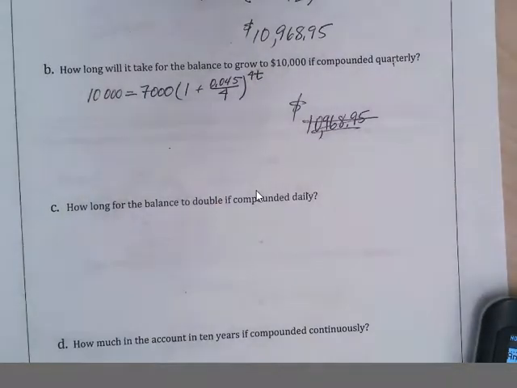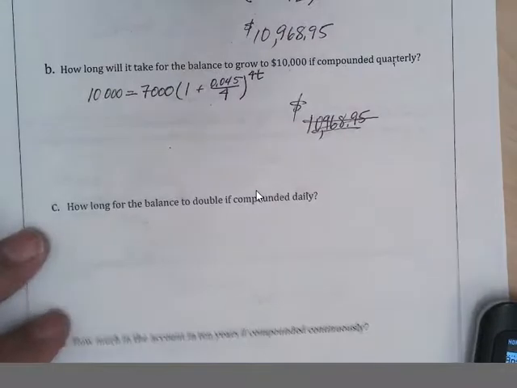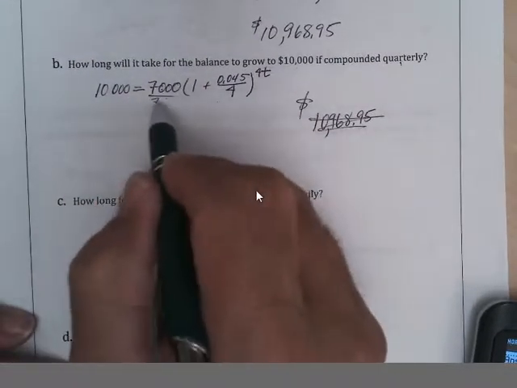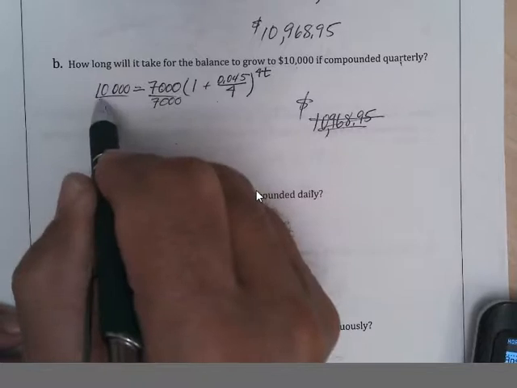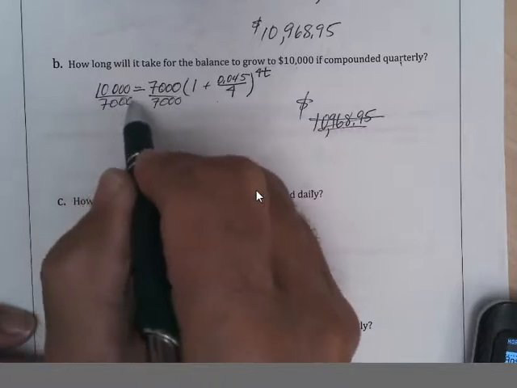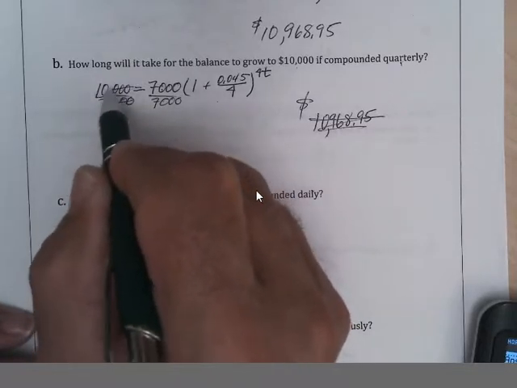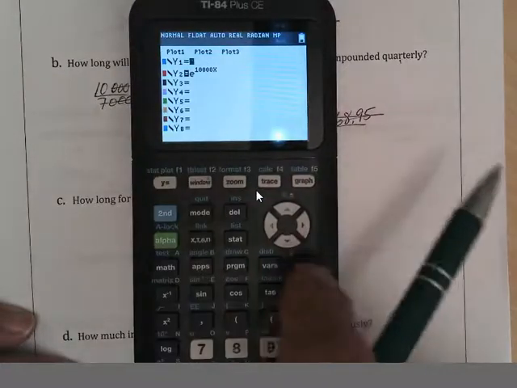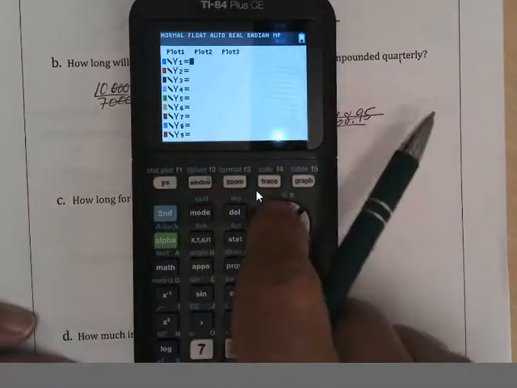Now if we can solve that, we'll have what it is quarterly. And to make these numbers not so big, we're going to divide both sides by 7,000, which reduces to 10/7.